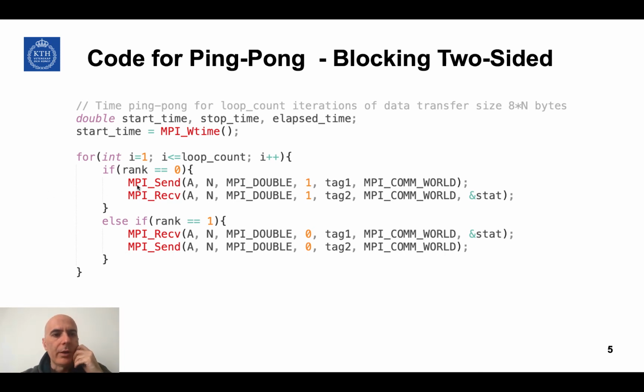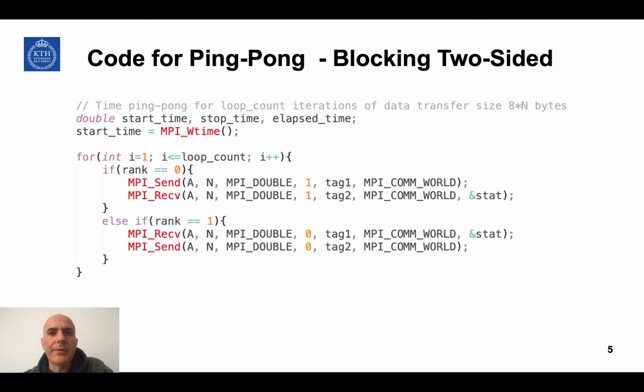Rank 0 starts by sending a message. It sends this array A of size n of type double, so 8 bytes each, with the rank of the receiver and the tag, and we provide the communicator. What does rank 1 do?